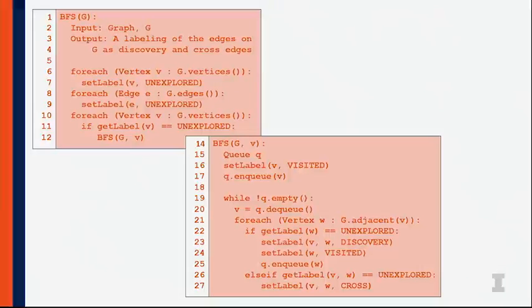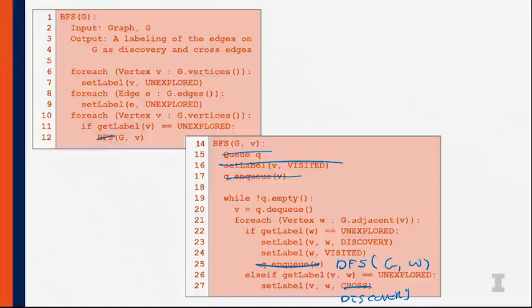So instead of going through and looking at elements related to a queue, I remove all the queue lines, change the cross edges to discovery edges, and make sure instead of enqueuing, I'm going to call a new version of my depth-first search algorithm with a graph on my new node.